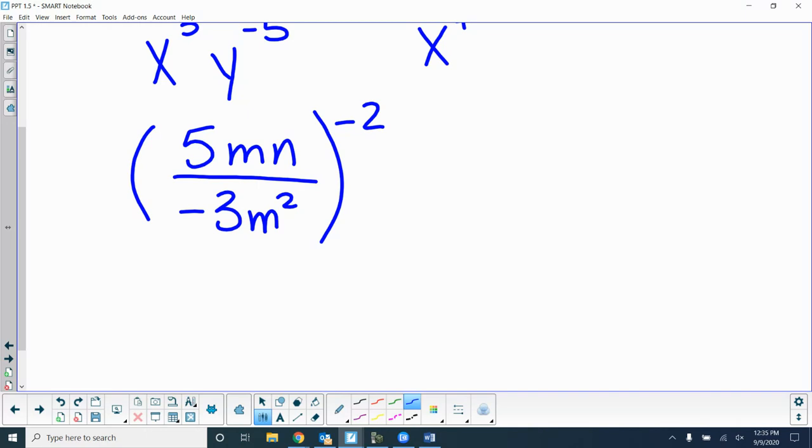Right, the M's can cancel. You got 2 in the bottom, 1 in the top. You got 2 M's in the bottom, 1 M in the top. So what happens?